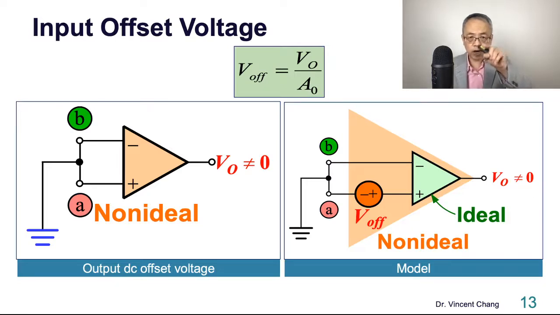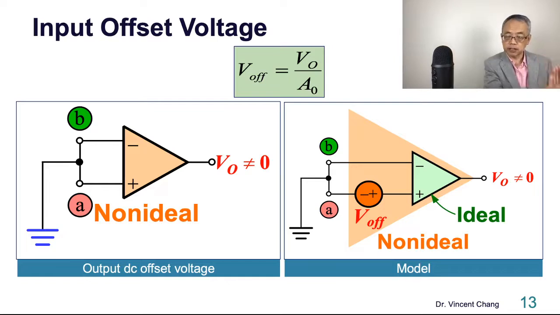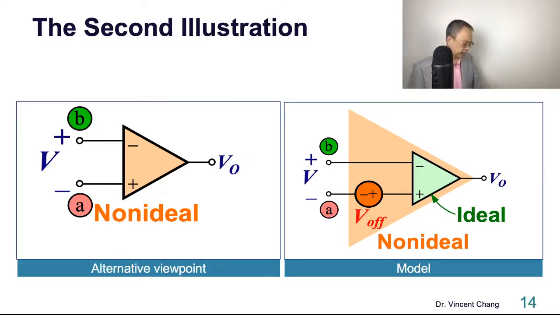This is not called AO, okay? This is A0. The subscript is 0. It means the DC, omega equals 0. All right? So offset voltage times the DC gain equals the DC output offset voltage.